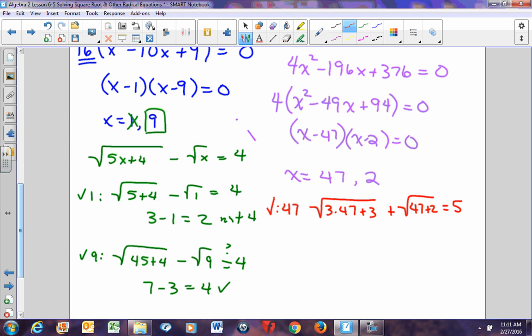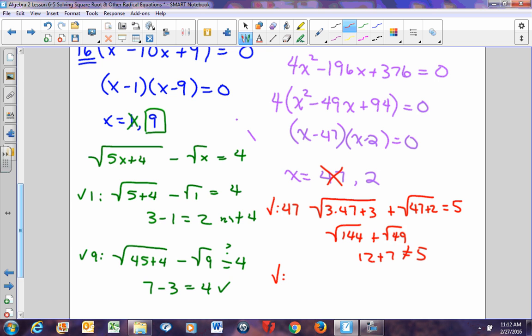Well, 47 times 3 is 141, plus 3 is 144, so this becomes the square root of 144 plus the square root of 49. I already know the square root of 49 is bigger than 5, so I can stop here because it's not going to equal 5. 12 plus 7 does not equal 5, so we know that 47 does not work.